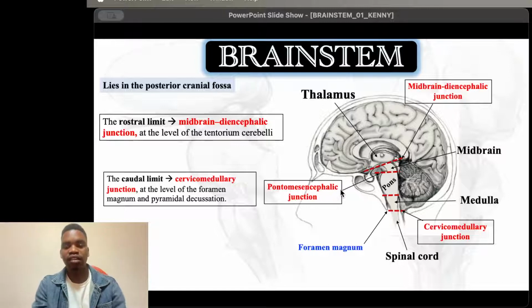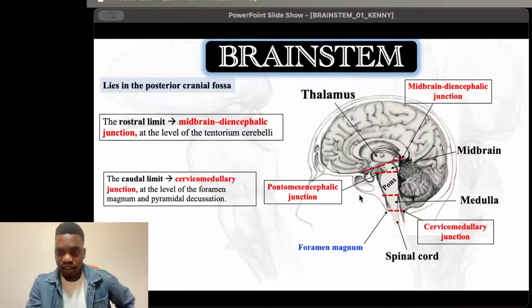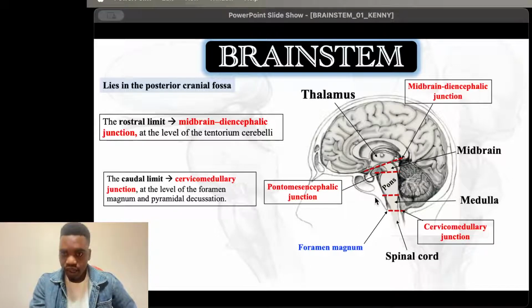Remember, it originates from the mesencephalon.